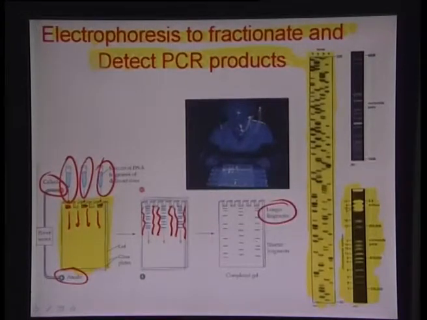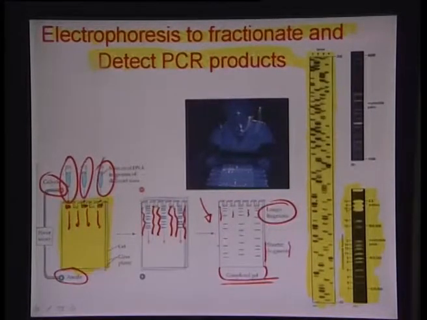Essentially, after a longer amount of time, the longer fragments huddle back, okay, and the shorter ones come ahead, but they are all separated because of their different frictional forces based on size, and that's how a completed gel would look. The way you actually read these out is pretty simple, because the dyes you are using have a UV based excitation frequency.